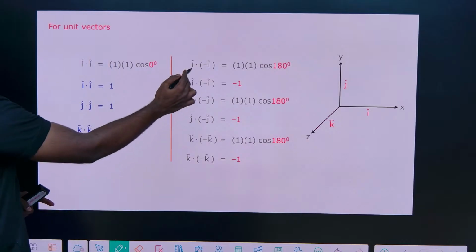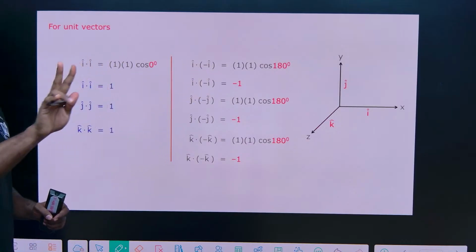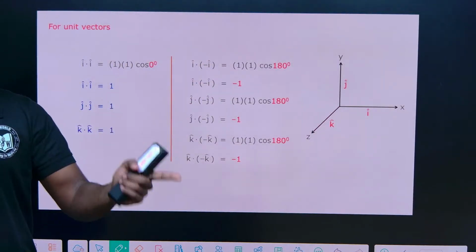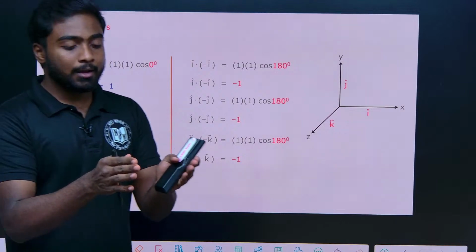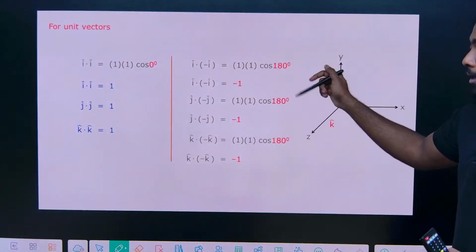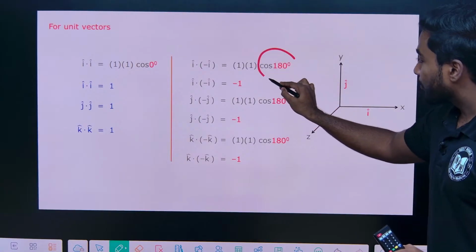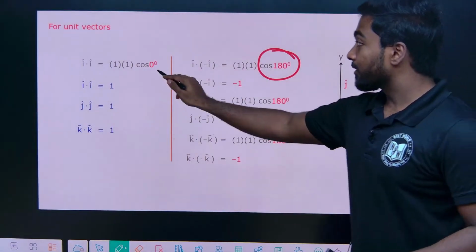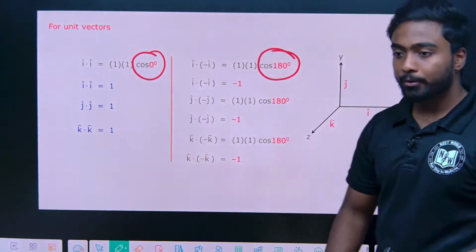When I take i dot minus i, the angle is 180. So 1 into 1 will get 1 only, but 1 into minus 1 is minus 1. Cos 180 is minus 1. Cos 0 is 1. Okay.